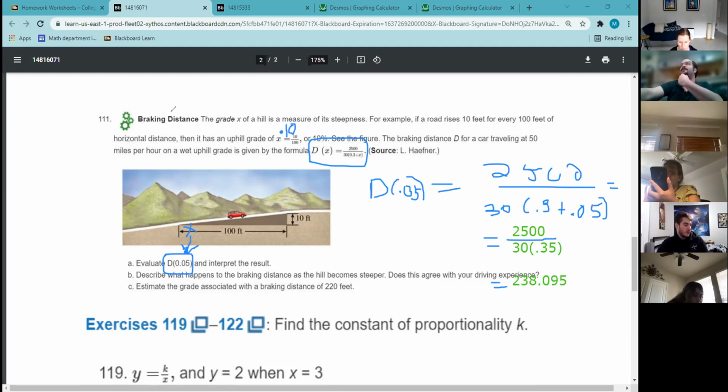Remember, this function compares braking distance to the slope of the road, or what do they call it here, the steepness, the grade. You talk about grades when you do roads and pitch when you do roofs. It's all the same thing. They're talking about the slope.